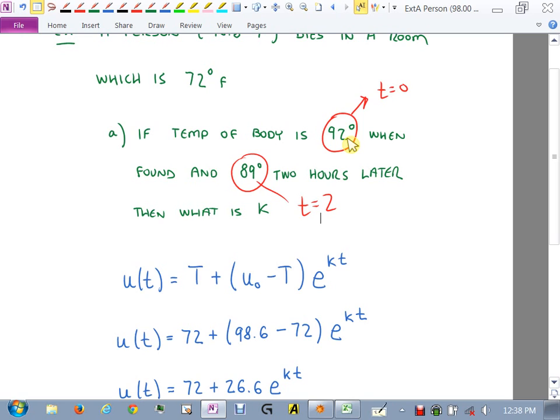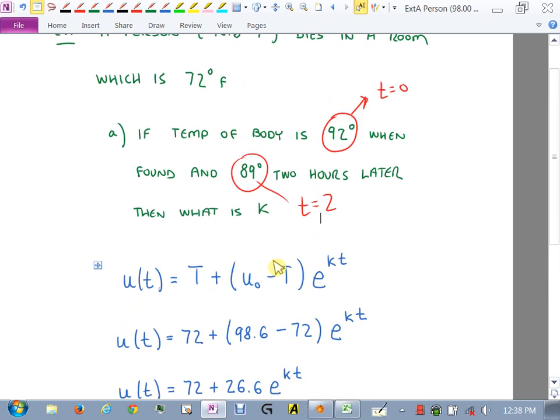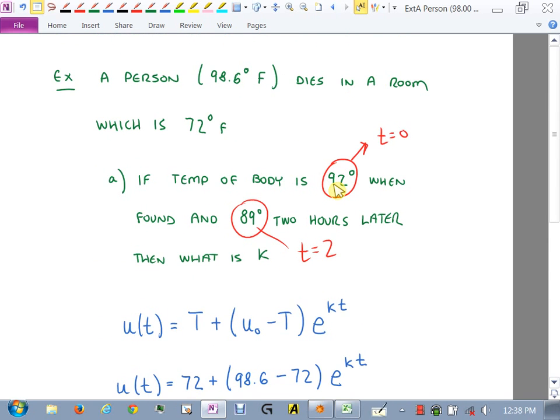But we can't say that this is what's happening. See, look, if I say this is t equals 0, then that means when I plug 0 in here, I should get 92 degrees, right? But if you plug 0 in here, you get 1, and if you put these two together, you get 98.6. It's not, so this is not the temperature at the beginning.